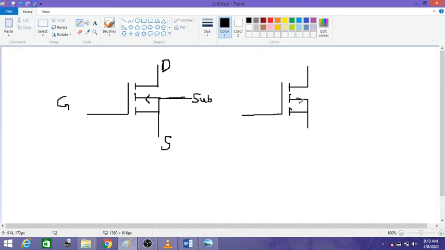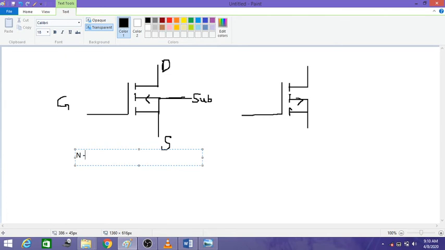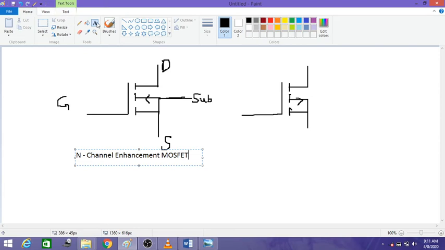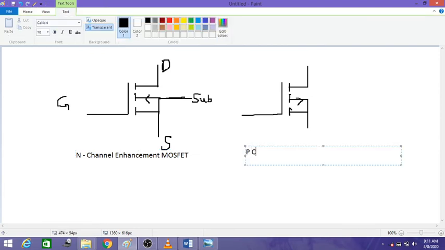If the arrow mark is outside, then this is the N-channel enhancement MOSFET, and this one is the P-channel enhancement MOSFET.